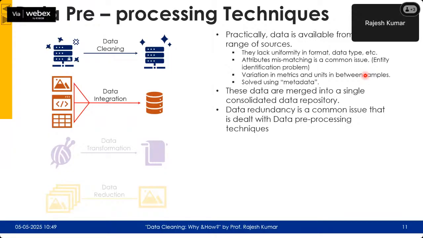Some put in terms of centimeters. So we have different units, and that's why there is a variation in the values. That can be a challenge there. We have to merge them into a single entry, because that single data repository will go to the machine learning algorithm. So we have to bring it to the same footing.